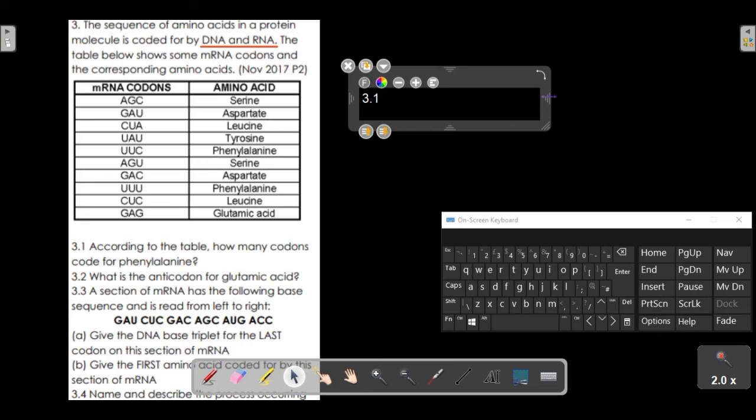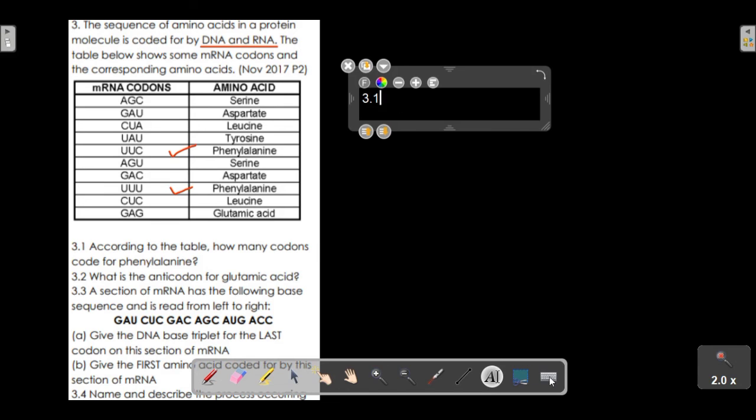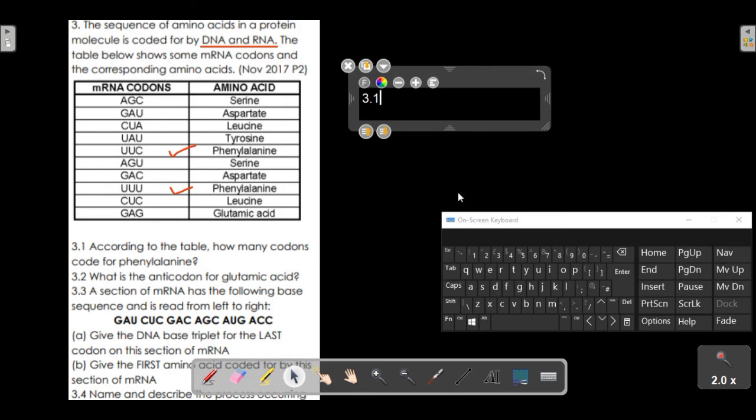So how many codons? Well, we have how many codons here? That's one codon for that amino acid. This is the second codon, right? So should be two codons, right? Yes, two codons.